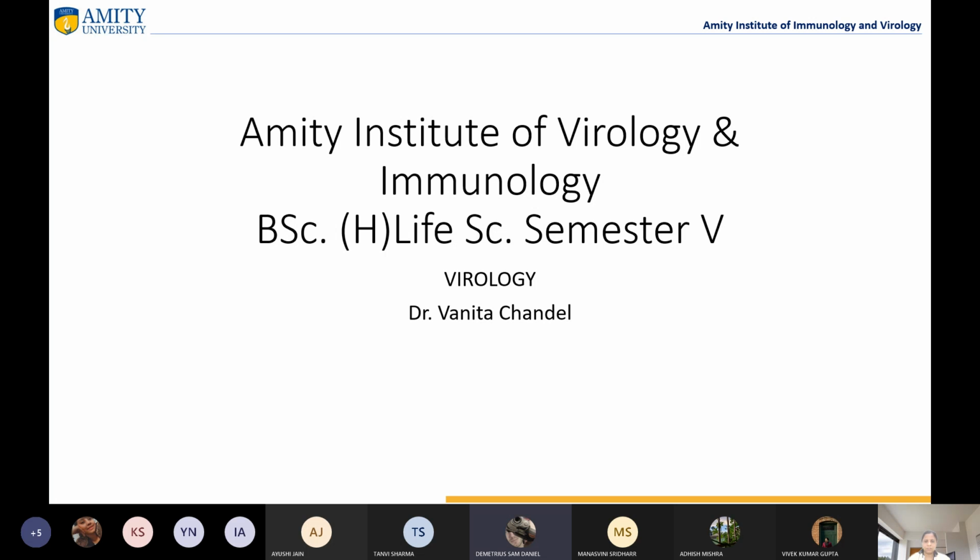Okay, fine. Manaswini, can you tell me something about the ICTV classification for plant viruses? Yes, ma'am. Am I audible? Yeah, you're audible. Okay, so basically the ICTV classification is mostly based on basic properties. For example, the symmetry and shape of the virus, based on the structure of the capsid and the envelope as well.